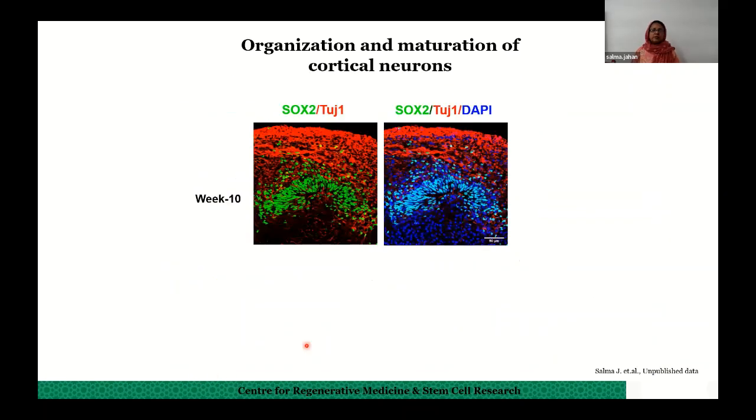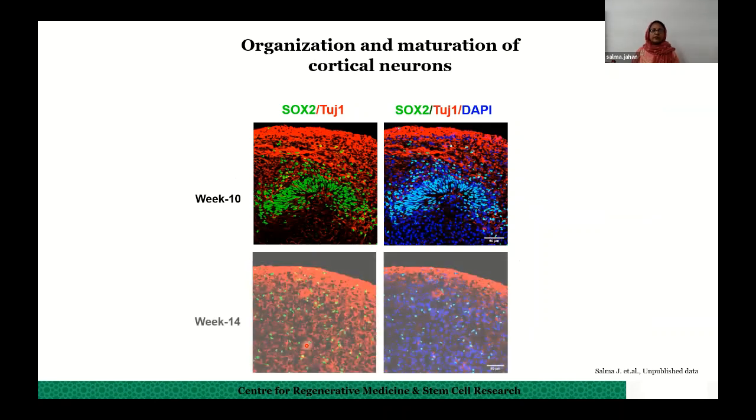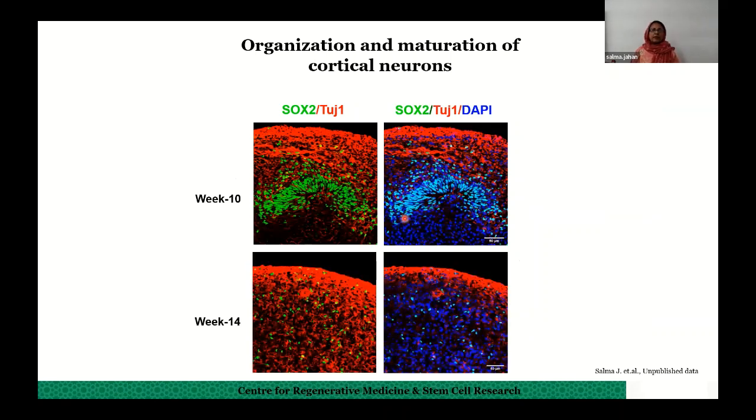So I found a very similar pattern in the dish, in the organoid system. The cortical organoids mature by the stage of week 10, with a neuronal maturation marker. By week 14, the very late stage of this organoid, which is getting mature, we lost this ventricular zone, and all these cells started to differentiate into the neuronal lineage.